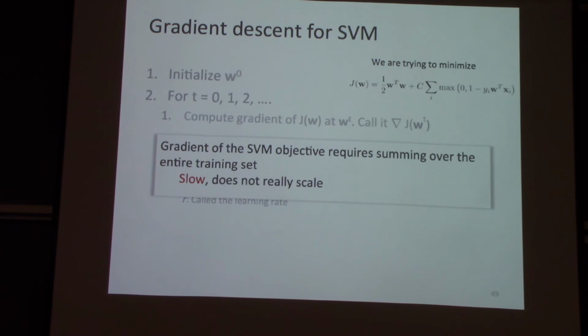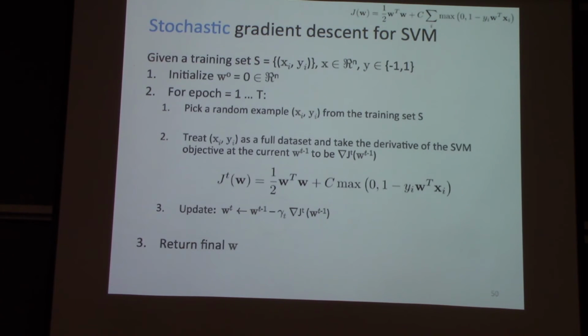So there is a lot of work to do in every single step. It's very slow. For a large training data set, it does not really scale. So this is the motivation for us to introduce stochastic gradient descent instead of plain gradient descent.